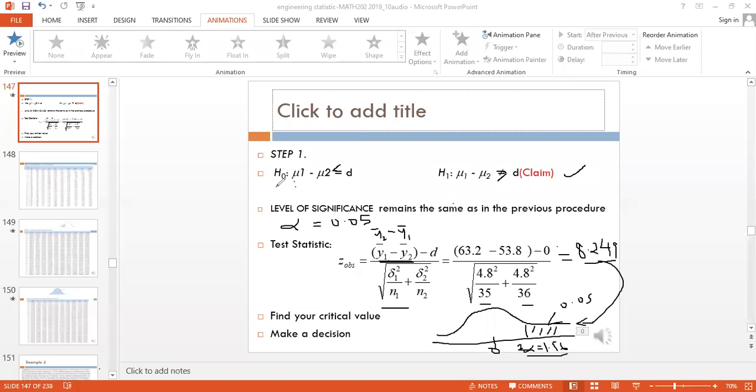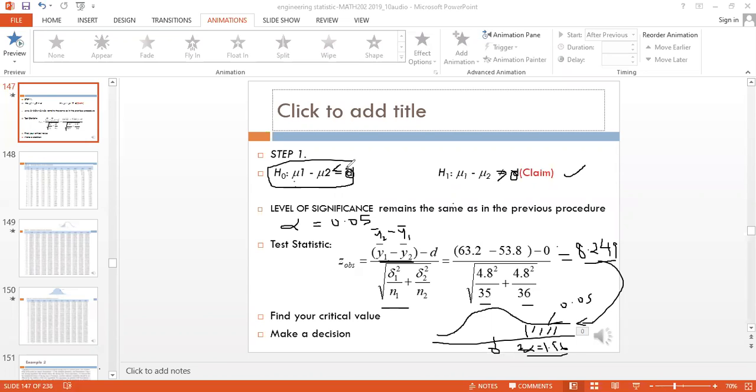This is the null claim. We have evidence to reject this null claim. And once we've rejected the null claim, what we are saying is, indeed, mu1 minus mu2 is greater than a certain d, but in this case, our d is 0.